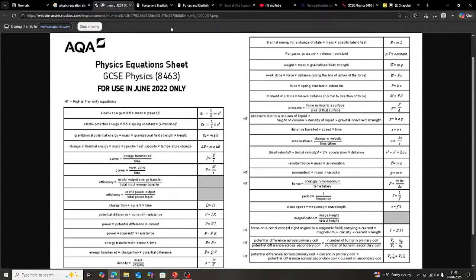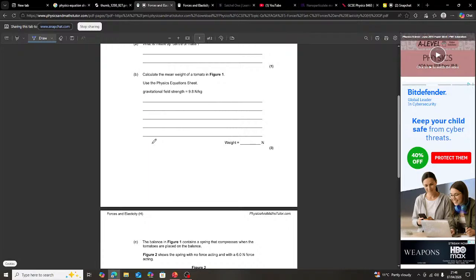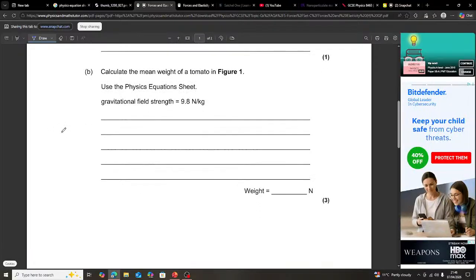All right. What was the question? What did it include? It's gravitational field strength. Calculate the mean weight of a tomato in figure 1.